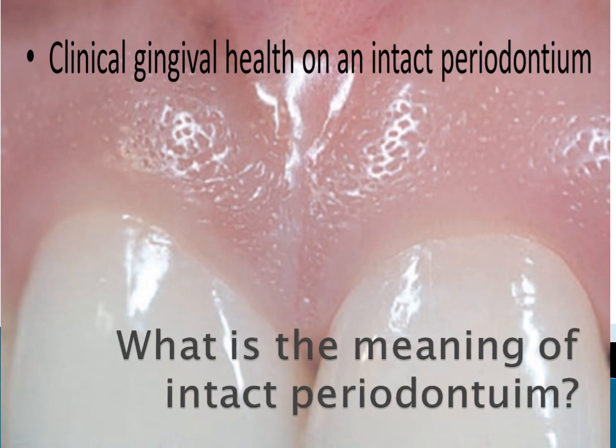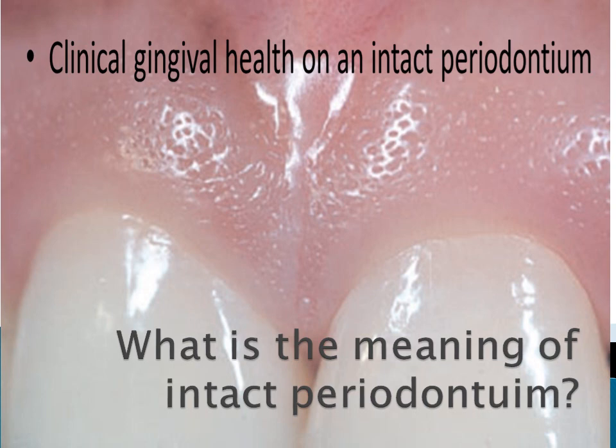To know the criteria of clinical gingival health on intact periodontium, first we must know the meaning of intact periodontium. That means that there is no destruction in the gingival tissue or supporting apparatus of the teeth, no loss of attachment, no alveolar bone destruction, and the gingiva is attached to the tooth at the junctional epithelium at the cemento-enamel junction.